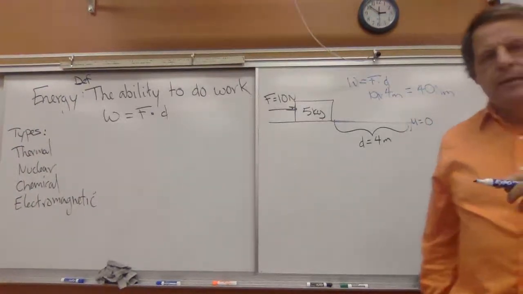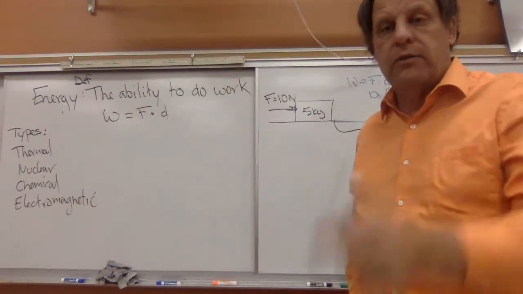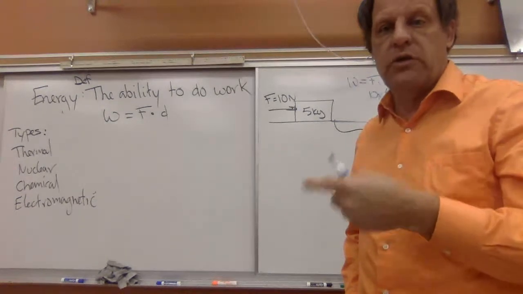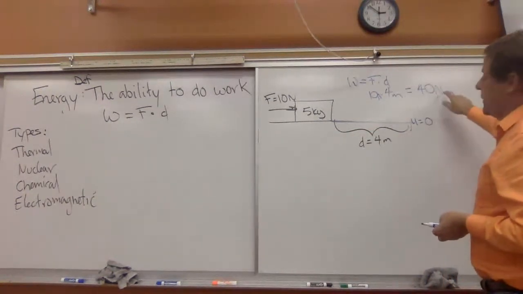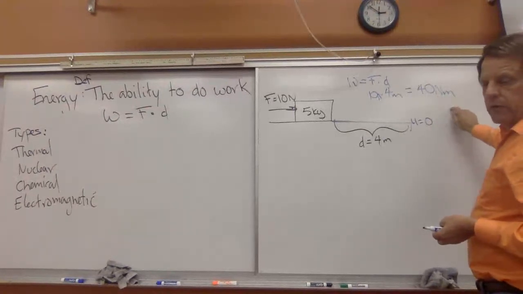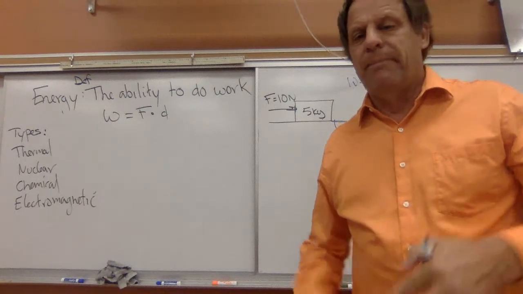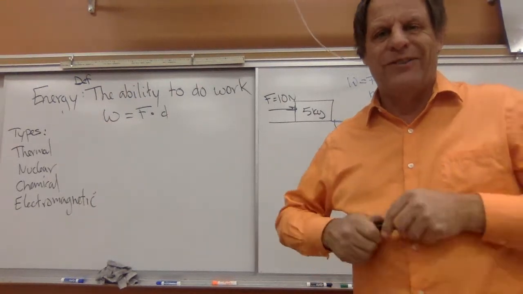In the same way that a newton is a kilogram meter per second squared, think F equals ma: mass in kilograms, acceleration in meters per second squared. We're going to have kilogram meters per second squared times meters, which would be a kilogram meter squared per second squared. But again, we're using more words now instead of fewer.